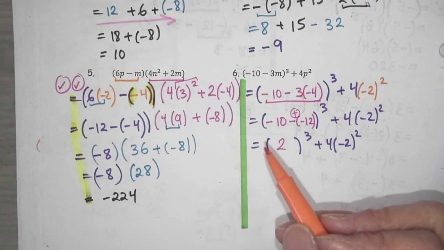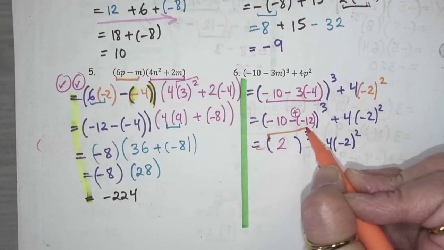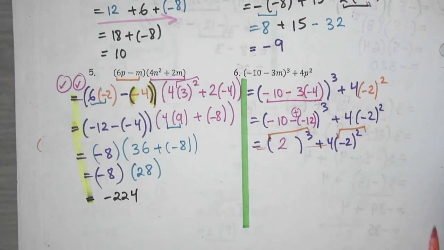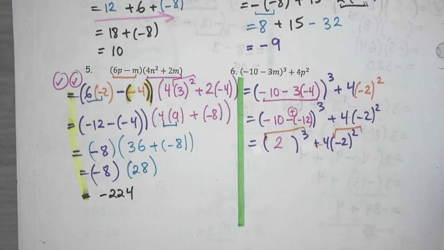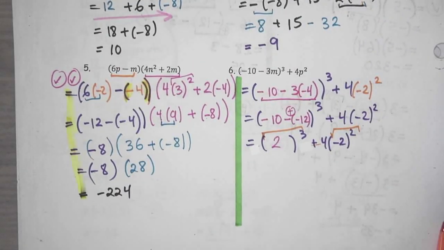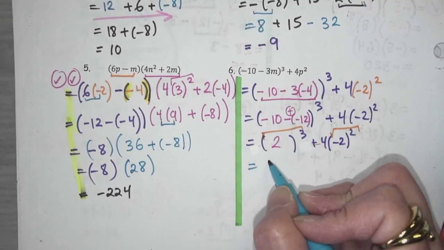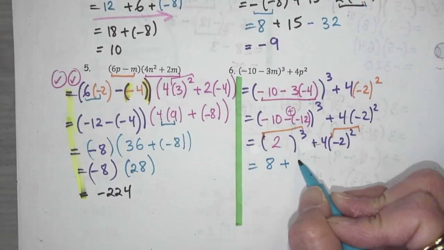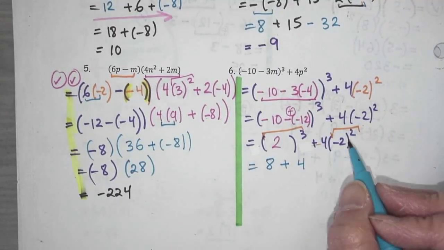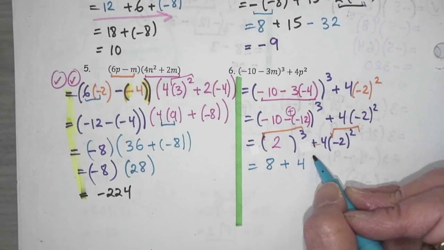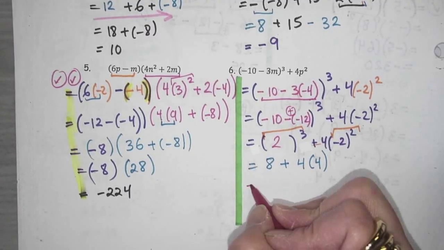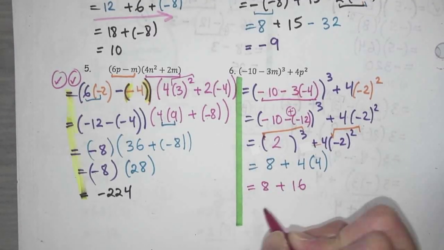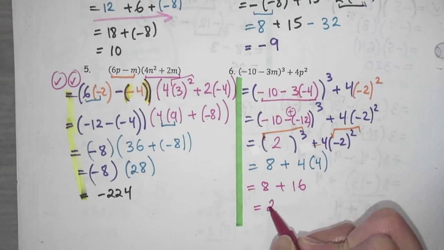Keep going. What else can we chip away? The exponents. Exponent and the exponent. So for the exponents, we're going to go 2 to the 3, so it's 8 plus 4, and then it's negative 2 squared, which gets me 4. Eight plus 16, and then it is 24.